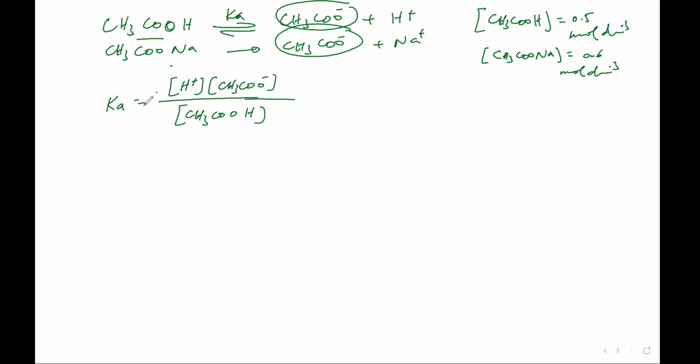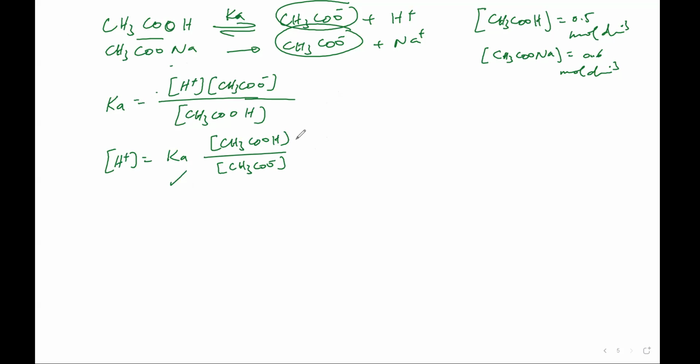So we will leave the equation like this, but we will rearrange it to say that the H positive is equal to the Ka times the concentration of the acid divided by the concentration of the salt, of the base, the conjugate base. Of course, they will give you the Ka for the weak acid.